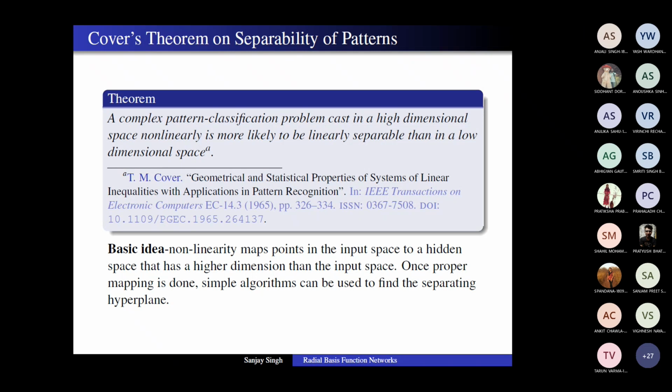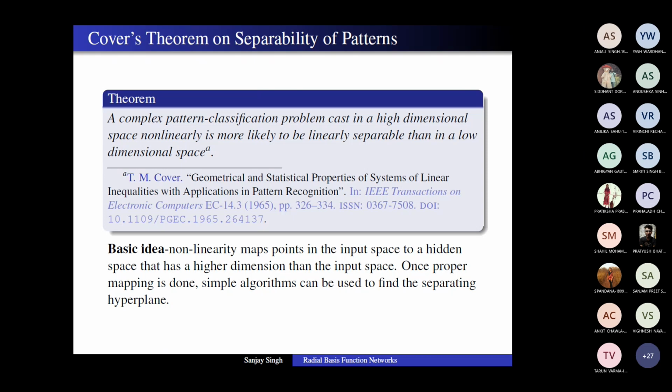Now with this understanding, we'll try to understand Cover's theorem. The basic idea is to non-linearly map points in the input space to a hidden space of higher dimension than the input space. For example, suppose each input has 5 dimensions, meaning 5 parameters.